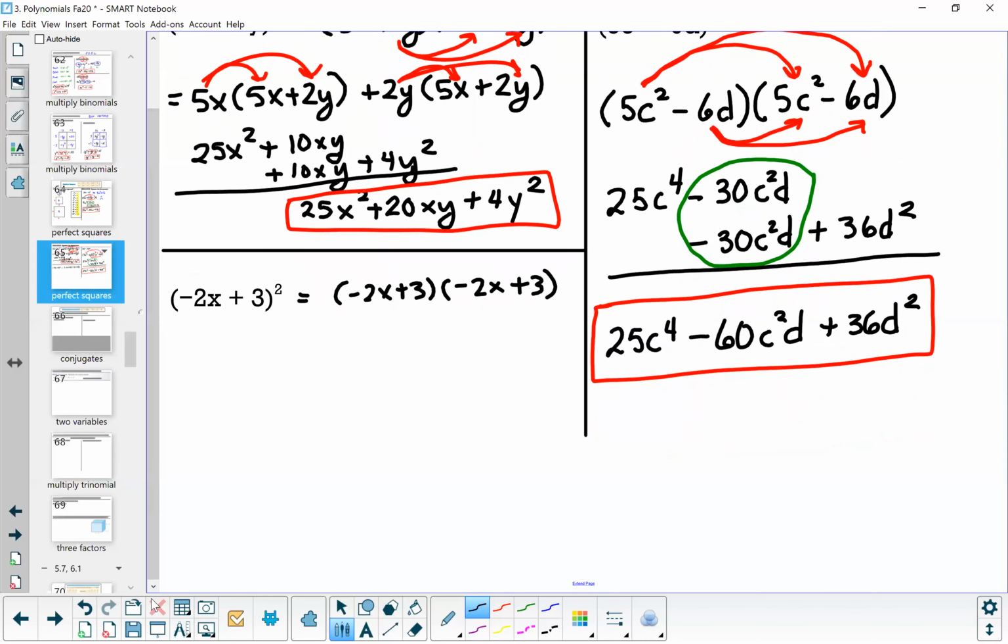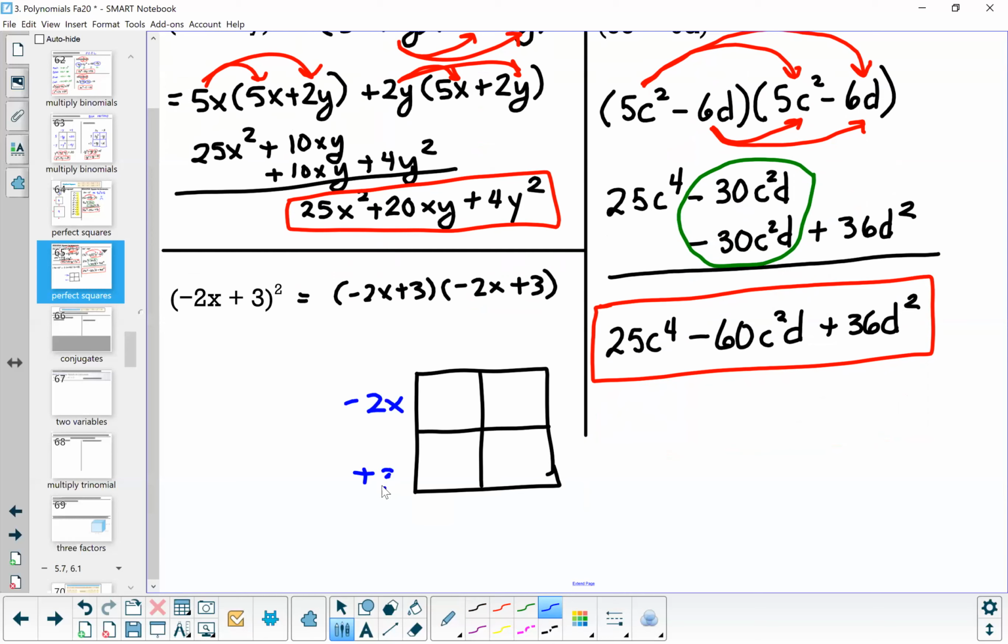All right, this time I'm going to use the box method just so we can review seeing that. So I'm going to draw a 2 by 2 box. And then along one side, I'm going to put the negative 2x and then plus 3. Along the other side, I'm going to put the negative 2x and the plus 3. And then show the work inside.